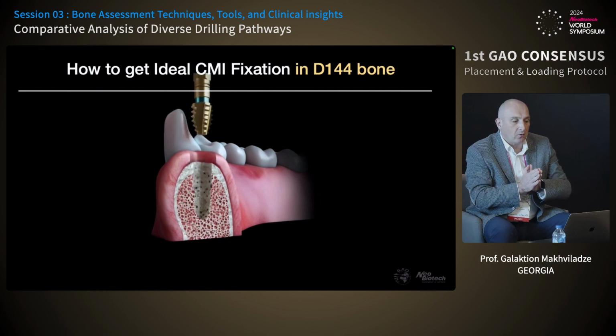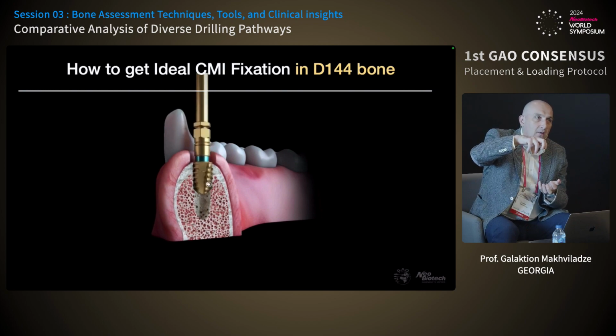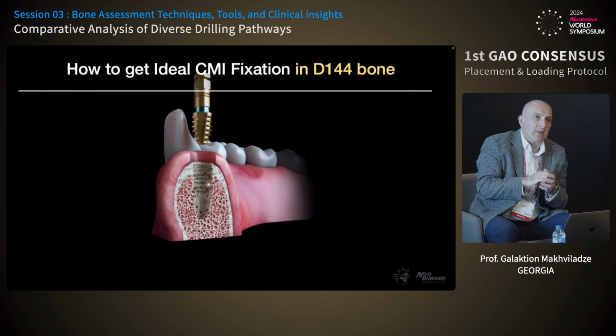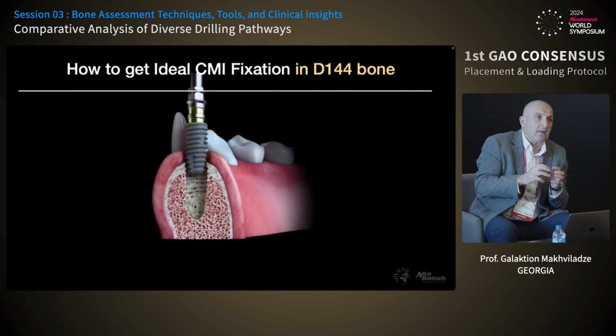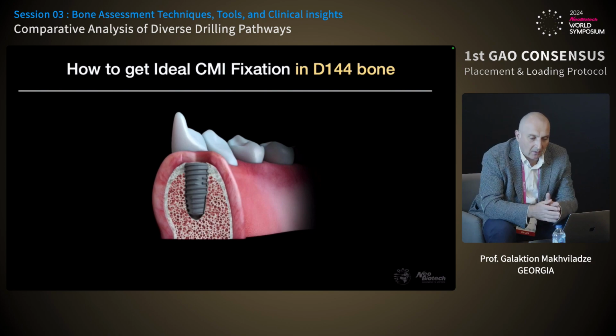So we need to make a cortical tap in the cortical plate because it is the hardest bone, and then go deeper and make self-compaction by the implant. Due to the implant design, it is very acceptable and very normal. So we can place the implant precisely and achieve the maximum bone-implant contact.